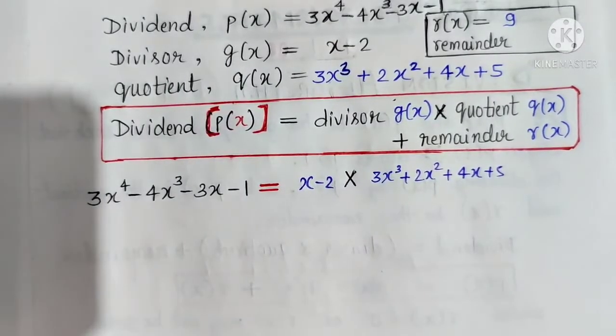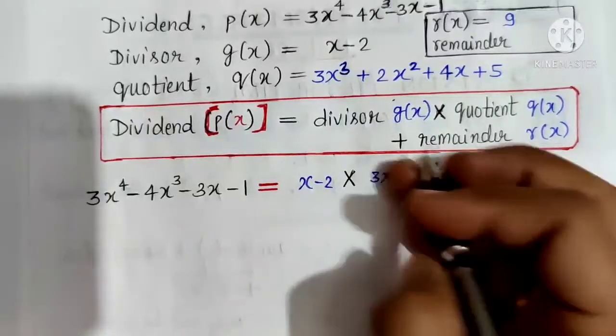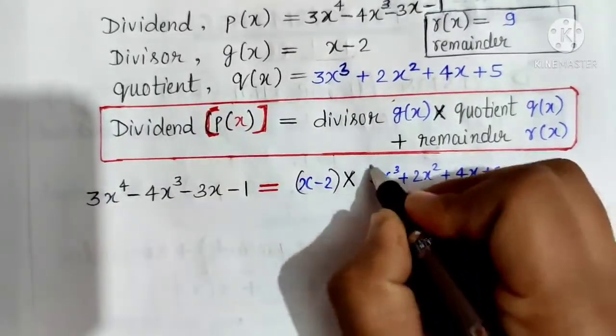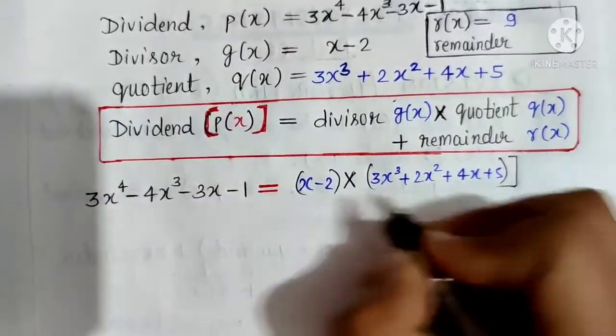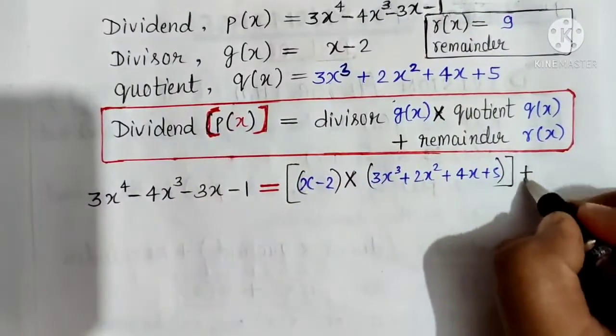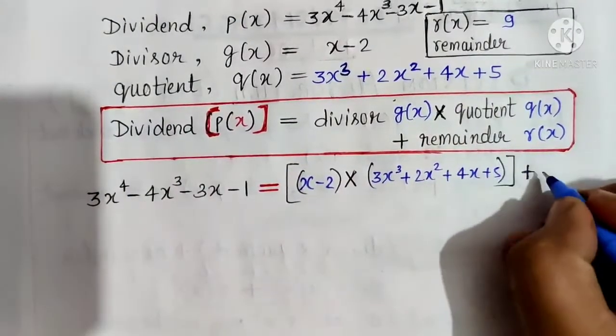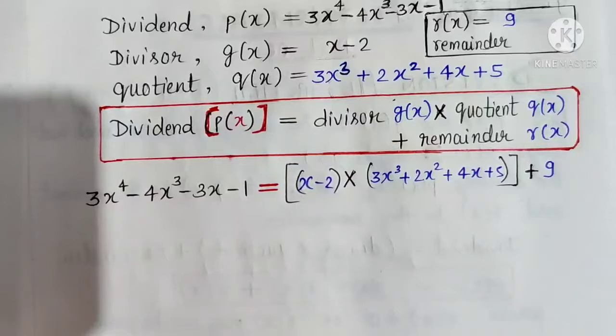This thing we have to multiply with each other. So we can write in just one bracket. Then we can write in this big bracket, these both, because we are multiplying. Plus, what we are doing? Plus we are adding remainder. What is remainder? 9. So plus 9. In this way we can write.